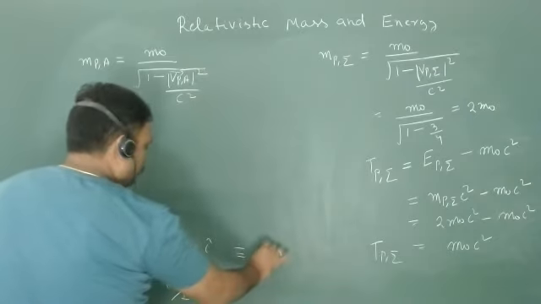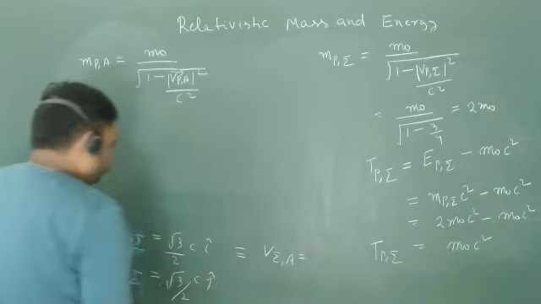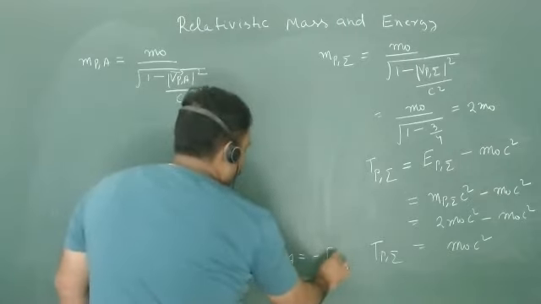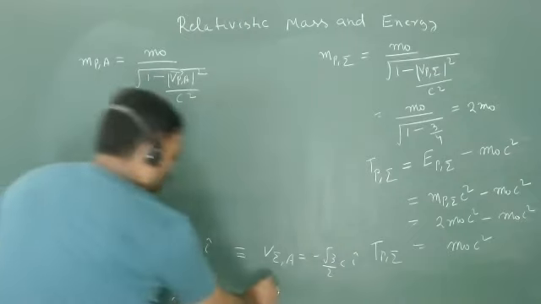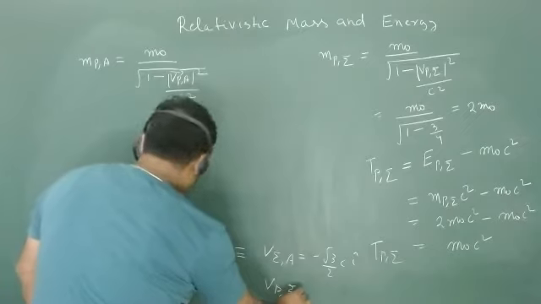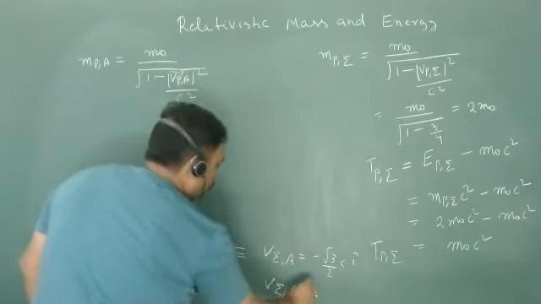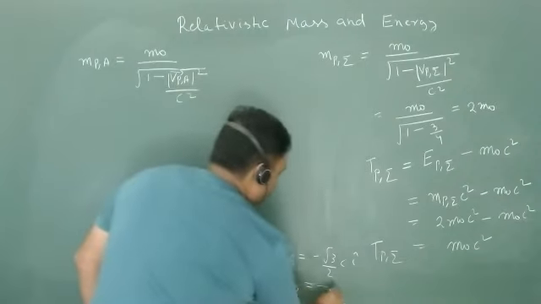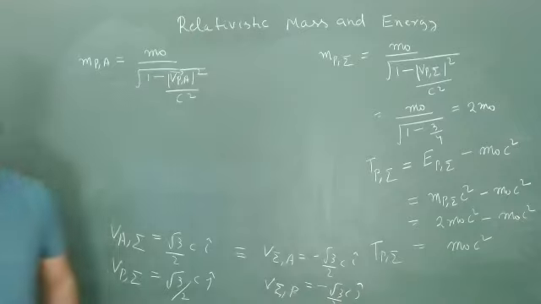That is also equivalent to the velocity of sigma with respect to A being minus root 3 by 2 c in i cap direction. The velocity of the particle with respect to sigma is given, so the velocity of sigma with respect to the particle is minus root 3 upon 2 c in j cap direction.